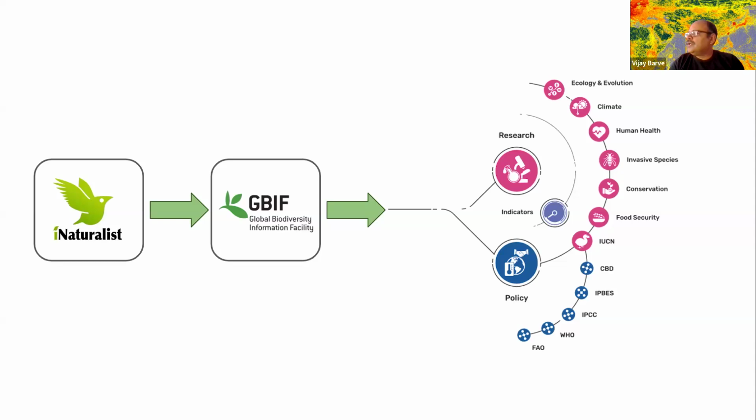IUCN creates the Red List, and these research outputs are also used by organizations like CBD, IPBES, IPCC, and WHO. GBIF data is being used in so many research papers. Every day, there are 5 or 6 new research papers published using GBIF-mediated data. So that's how it gets useful.